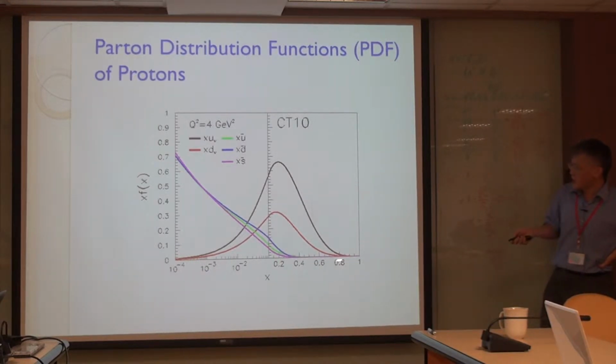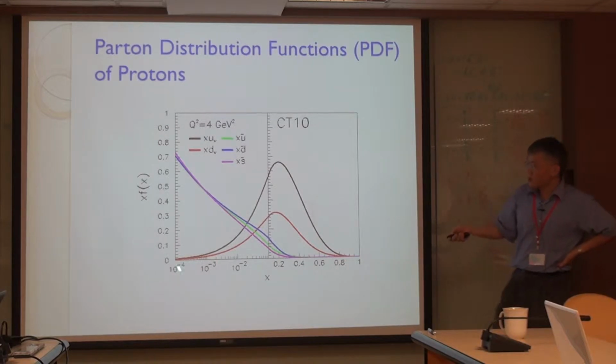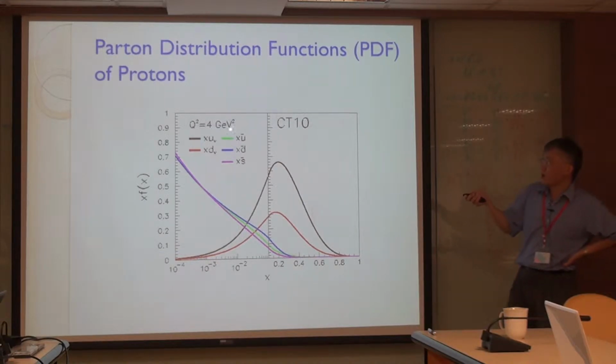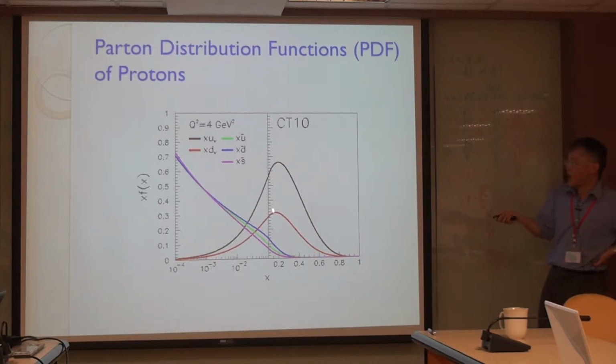Okay, so this is plotted in x, which is the momentum fraction carried by the parton. As you can see, at the large x region, it is dominated by the valence quarks, which are u and d. However, at the very small x region here, the dominant part is actually, okay, I didn't draw the gluon here, but then you start to see the sea quarks, like u bar, d bar, and s bar.